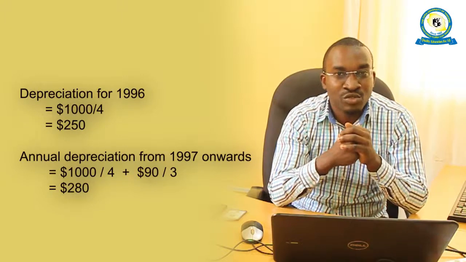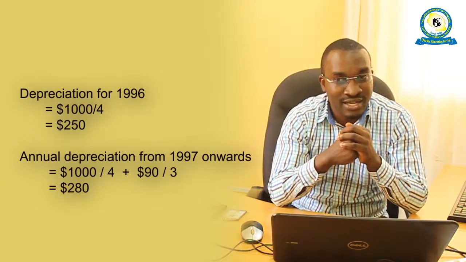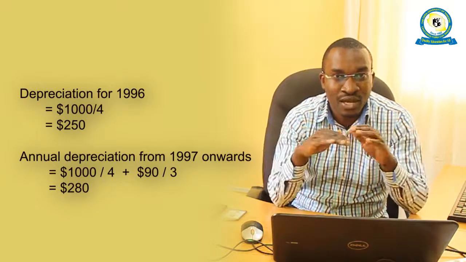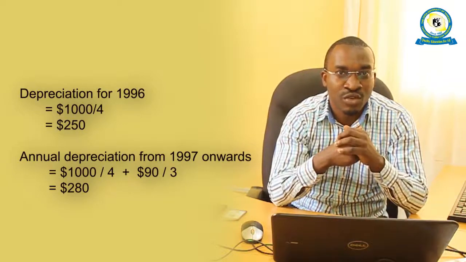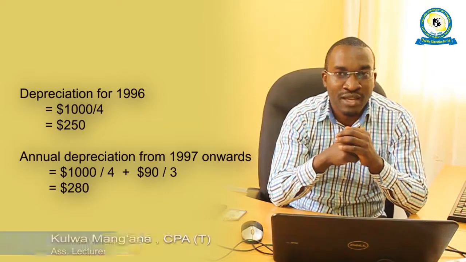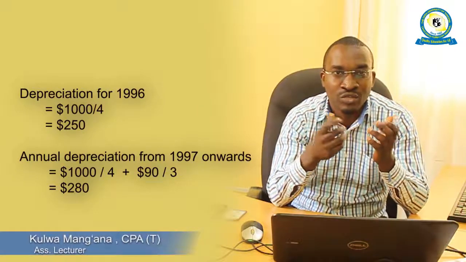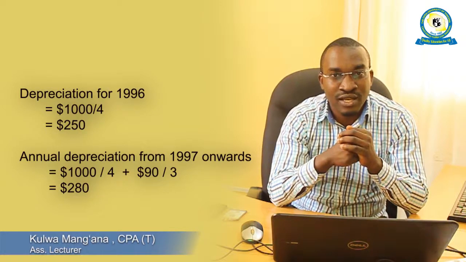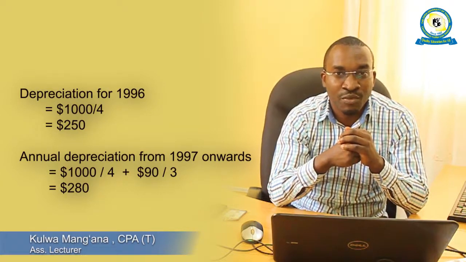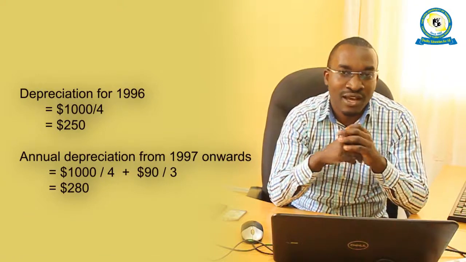And again, you're supposed to take 90, an additional cost, but that 90 stayed within the company for 3 years, so you take 90 divided by 3 years, and then you add the two. If you add the two, you're going to get 280. You can pause this example so that you have a recap, or understanding, of what I am trying to explain here.